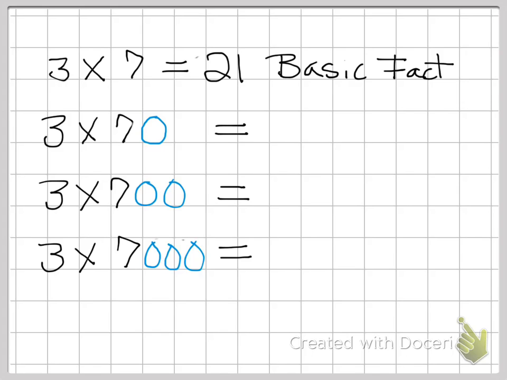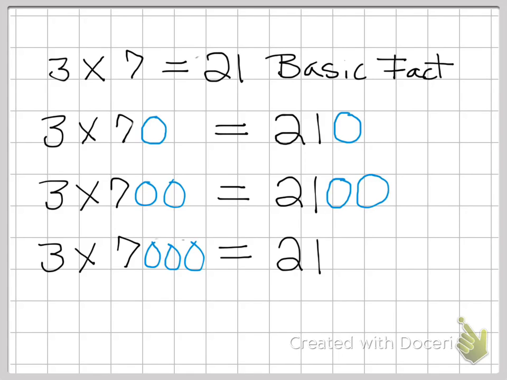Watch what happens. 3 times 7 is 21. But 3 times 70 is 210. 3 times 700, 2100. 3 times 7,000, 21,000. It's as simple as that.